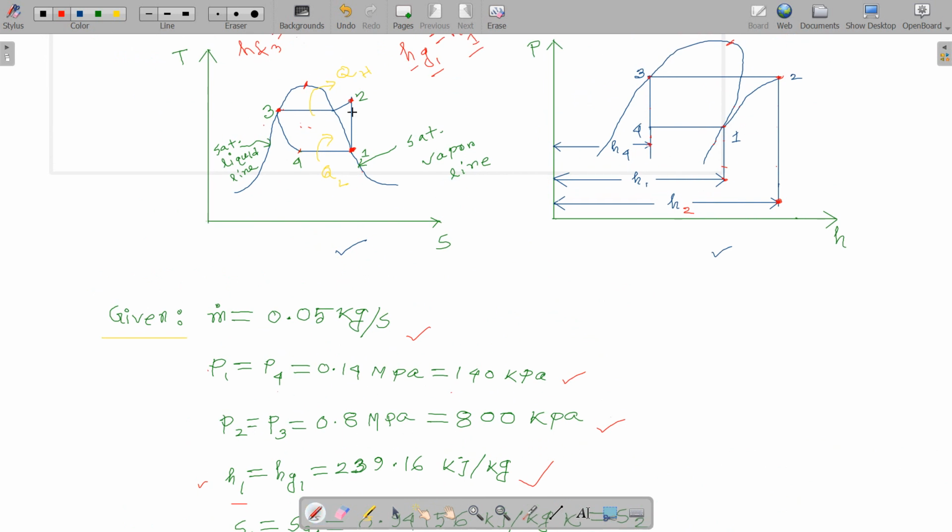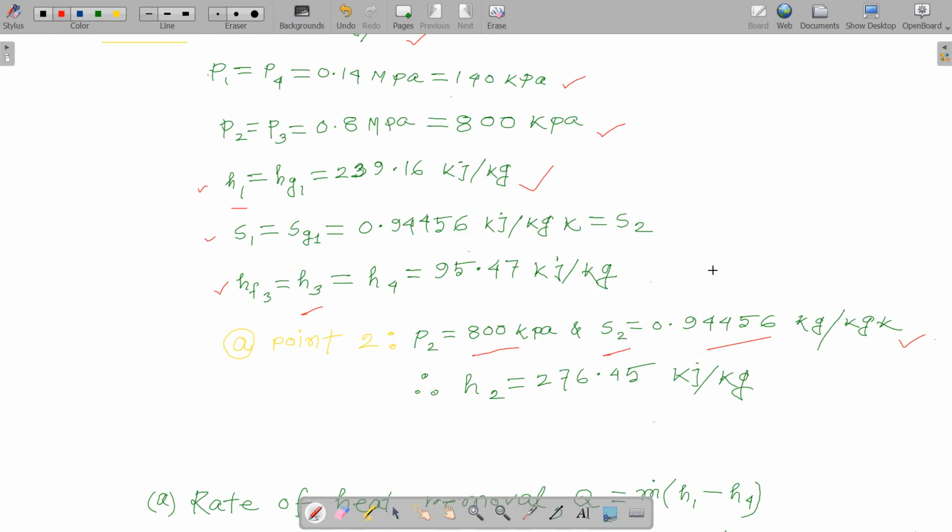We can see here point 2 is situated in the superheated region. So here the refrigerant is under superheated condition. So we have to go to the property table and find the enthalpy of point 2, which corresponds to pressure 800 kilopascal and entropy 0.9456.